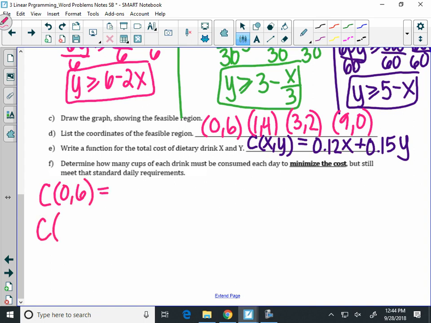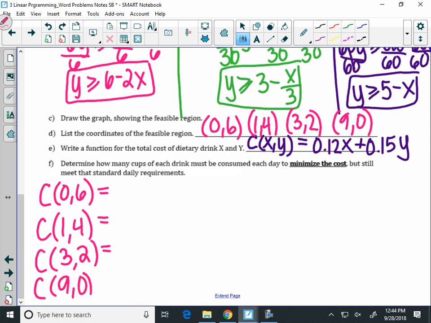Just be careful with your decimals. You're going to put 0 in for X, so it'll be 0.12 times 0 plus 0.15 times 6. I'll have you guys tell me the answers in just a second.